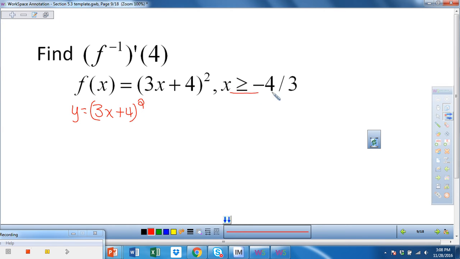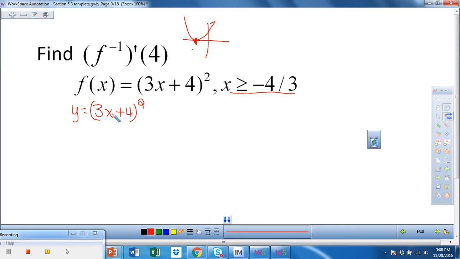Notice also that I restricted the domain because this has a vertex at negative 4/3. So in order for it to have an inverse, I had to restrict its domain to x greater than negative 4/3. Then it's always increasing from negative 4/3 to infinity. It's increasing, and therefore it has an inverse.